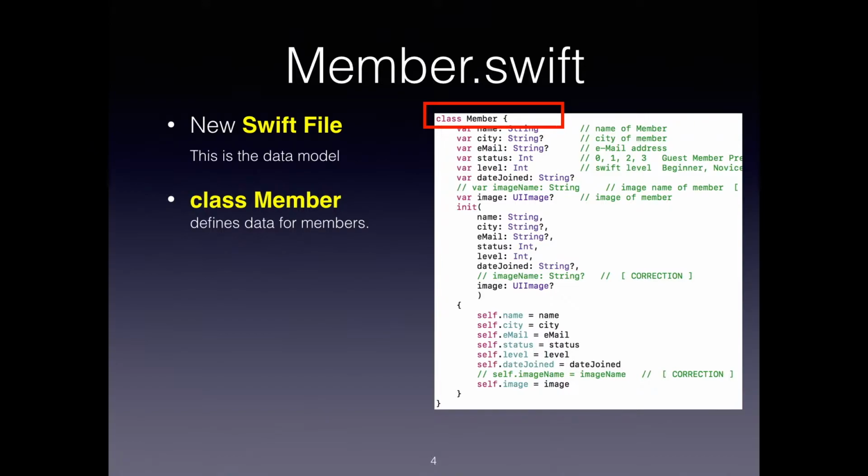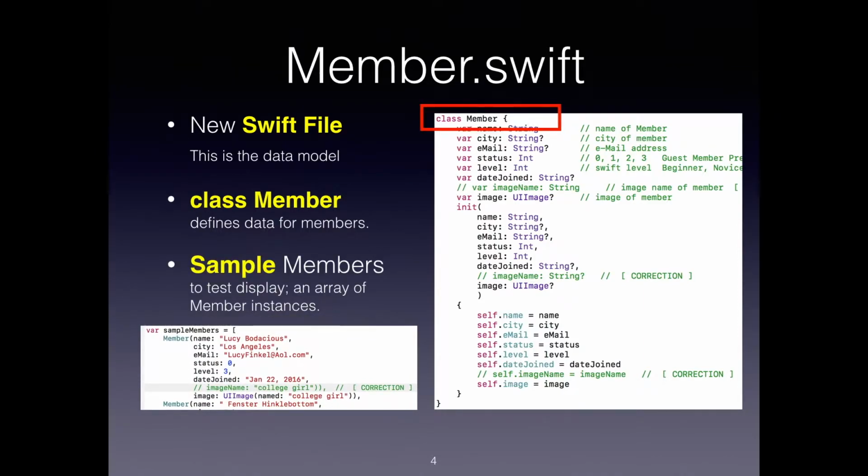So you can see we've got a name, and it's a string. We've got a city, an email, that's a string, and so on. And we'll get into that in more detail as we look at it. And we're also going to create some sample data. Now sample data is basically an array.